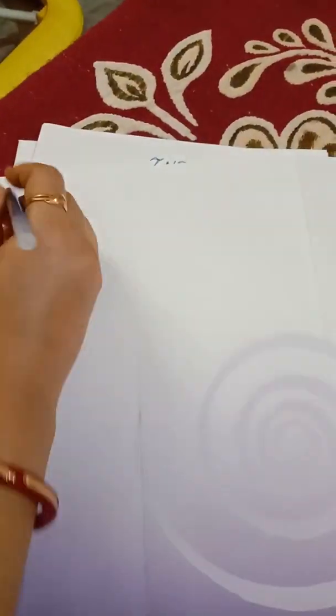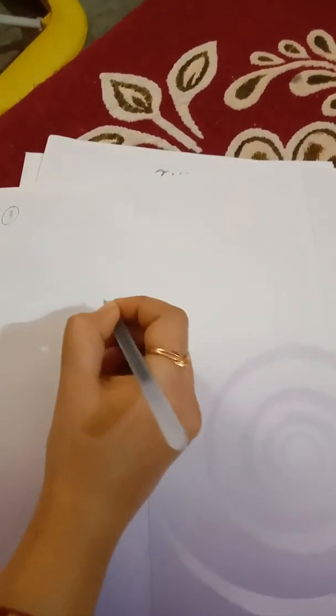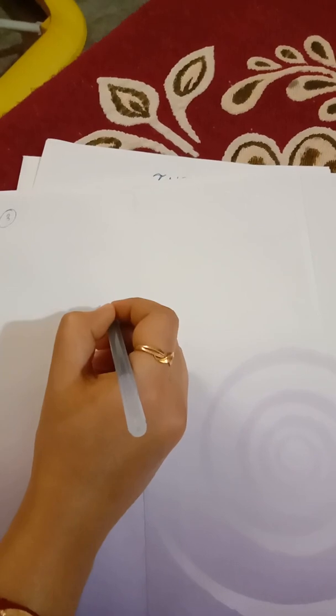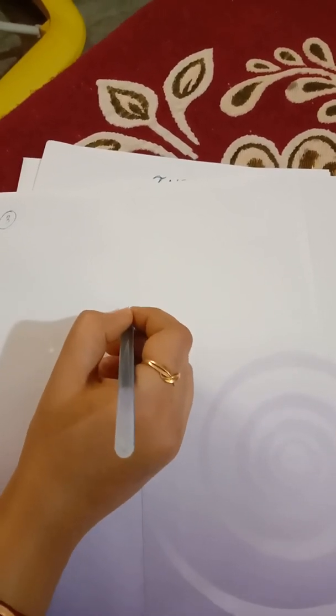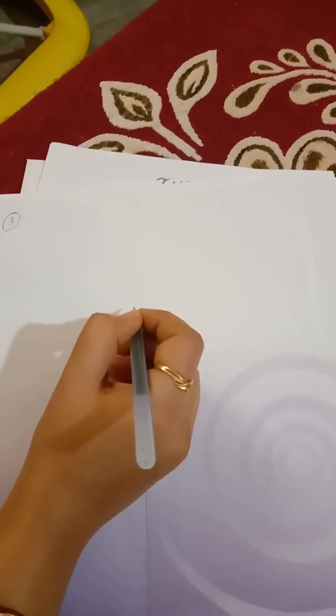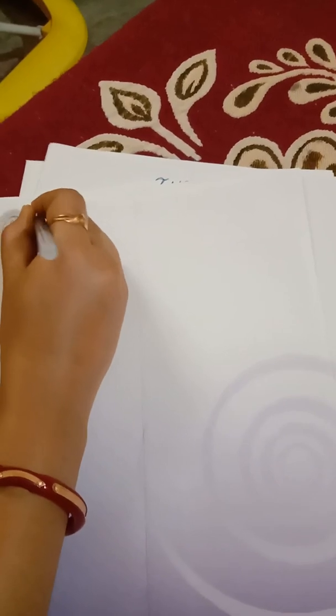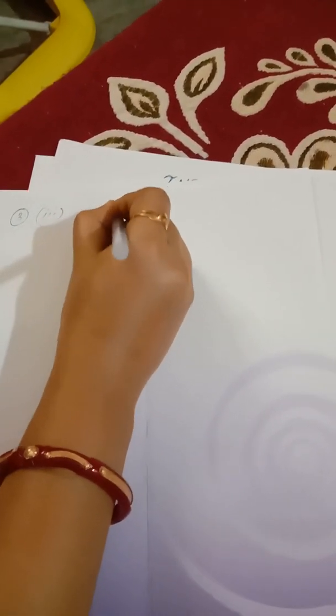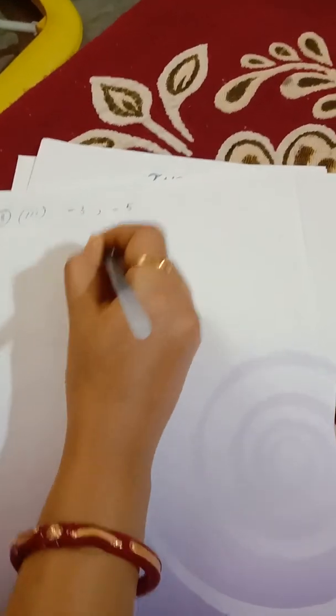Now, number 3 question, in each pair, which number is to the right of the other number on the number line? So, if we take the question number 3, minus 3 and minus 5.